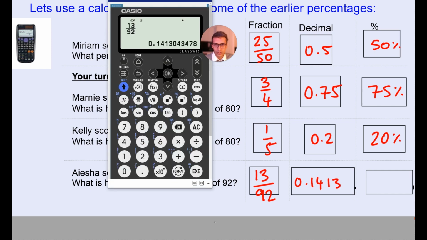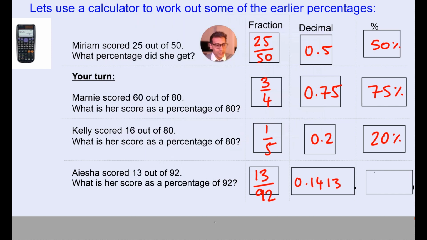And then as a percentage, we can see it's 14.13%, and we have rounded it slightly. That's fine. If you've got a test question, it will tell you how to round it, how many decimal places.